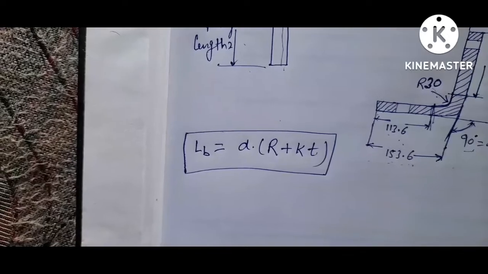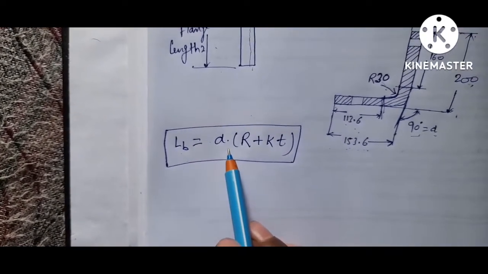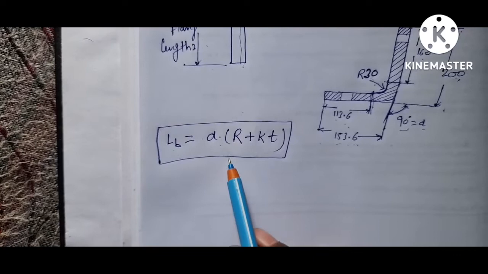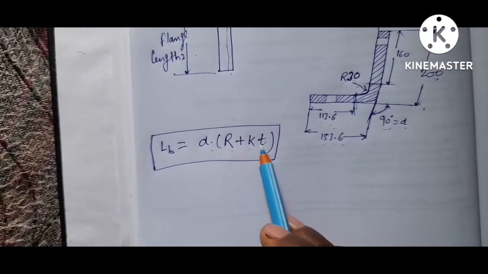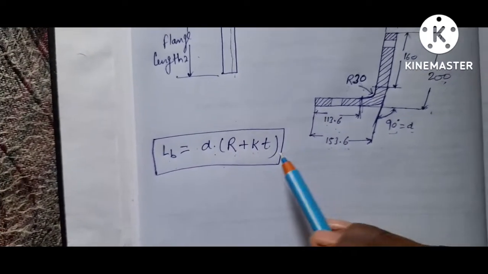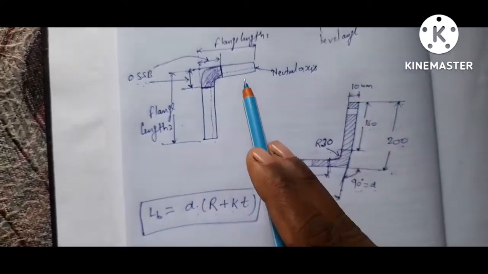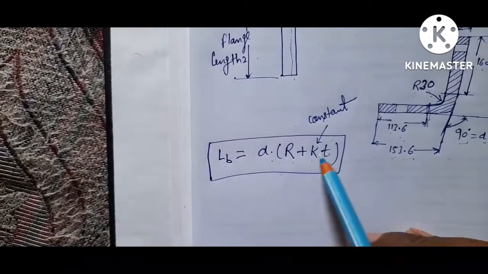Okay, so friends, for bend allowance LB, keep in mind this formula: alpha, the bend angle, times, in brackets, R, the bend radius, plus KT. T is the sheet thickness or plate thickness, and K is the constant.